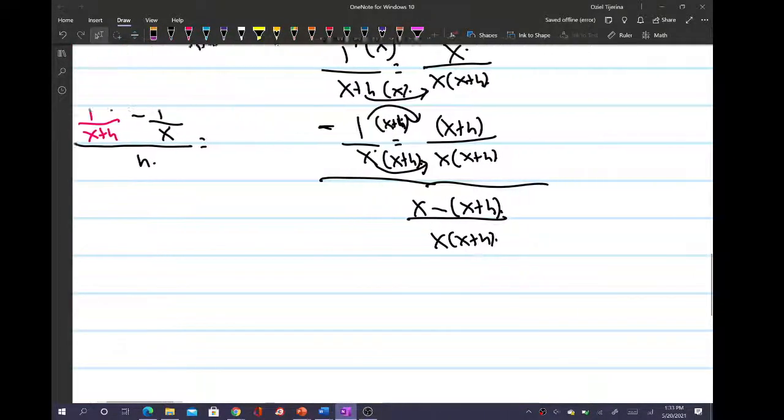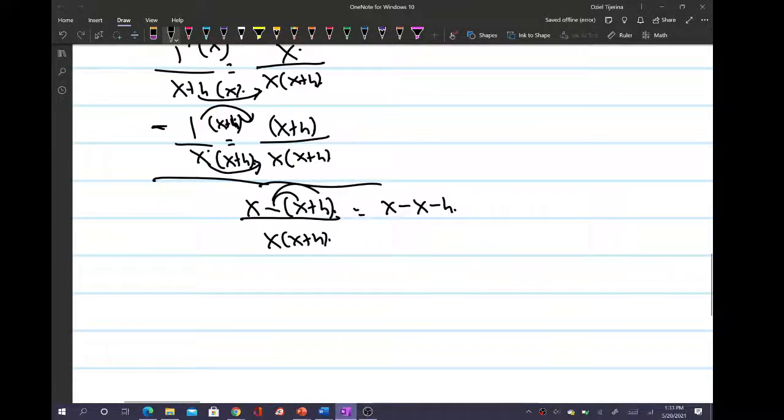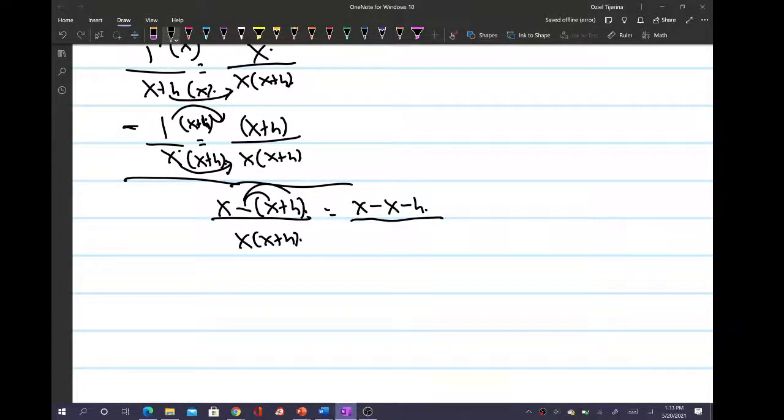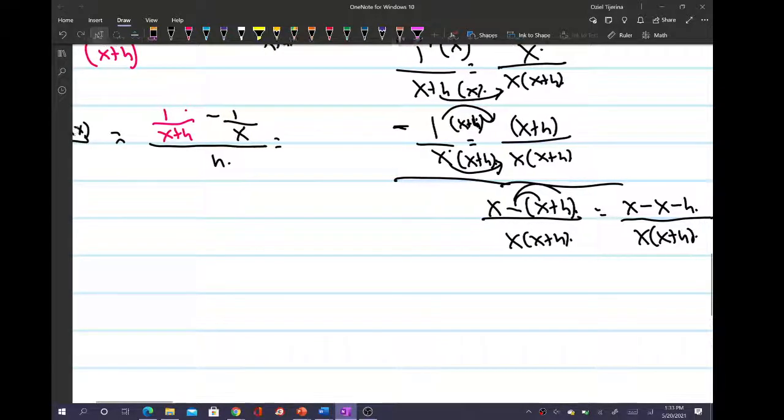So this will be equal to x minus x minus h, because you're going to distribute your negative, and then over x times x plus h. You want to make sure that you leave the bottom factored.